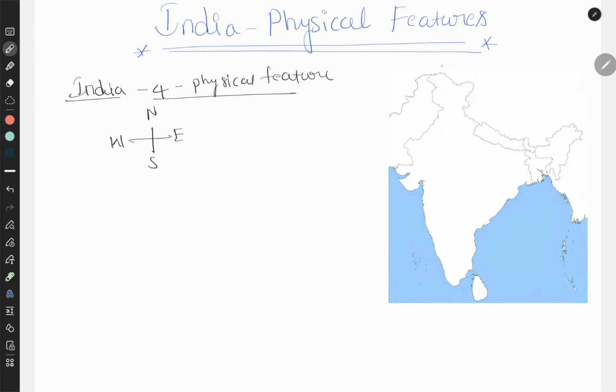If we come to the map, this will be north of India, this is south of India, this is east of India, this is west of India. On the north side, India is surrounded by the Himalayas. The south side is surrounded by the Indian Ocean.